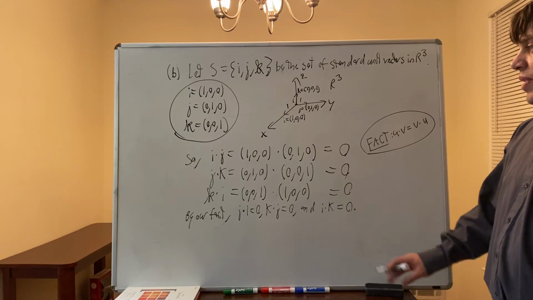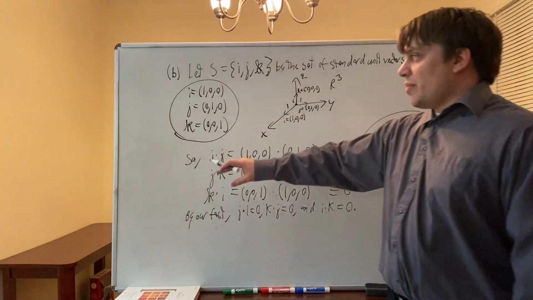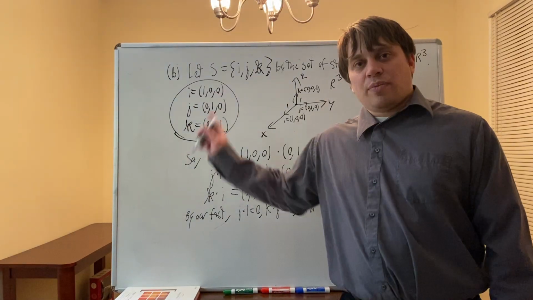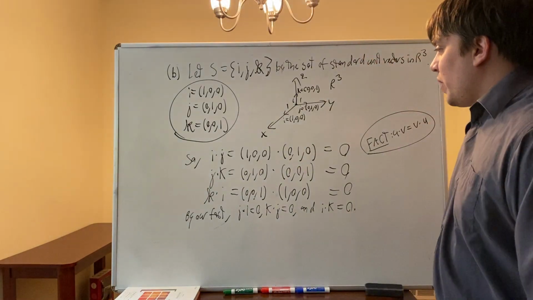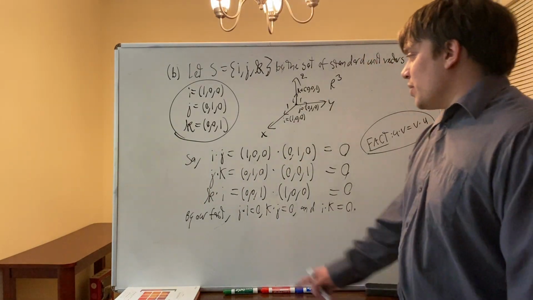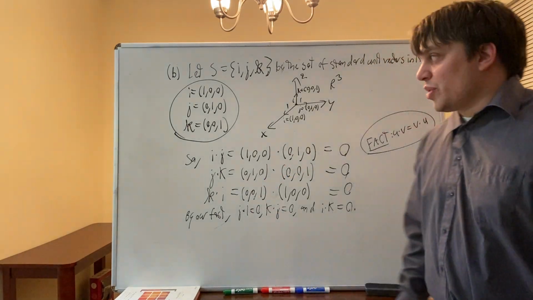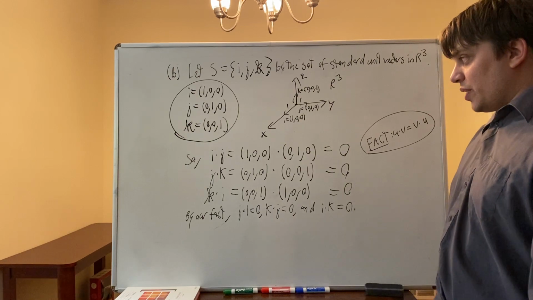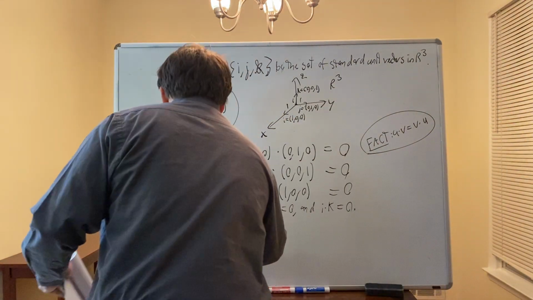So that means I have 3 standard unit vectors, and I can multiply each of them by any of the other 2 in any order. So there's 6 ways to take one of those first, and then multiply by another one second. Alright, so there's 6 dot products. There's this one, this one, this one, this one, this one, and that one. There's 6 dot products, and they're all 0. So if you take the dot product between any 2 different standard unit vectors in any order, in this example, we get 0.